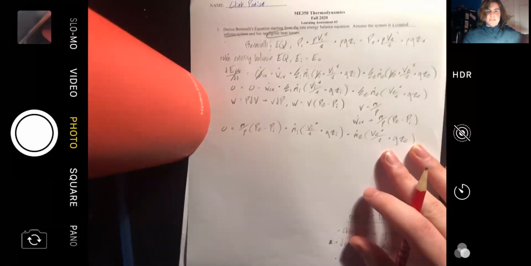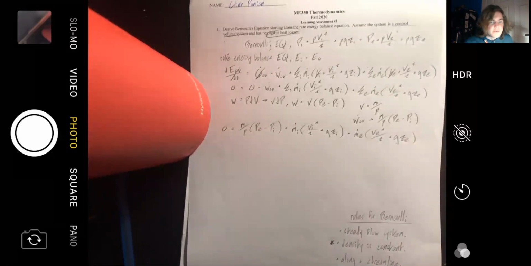The only thing that sticks out now is the mass flow rate and all the masses. Again, we're told that this is a control volume in a steady flow system.